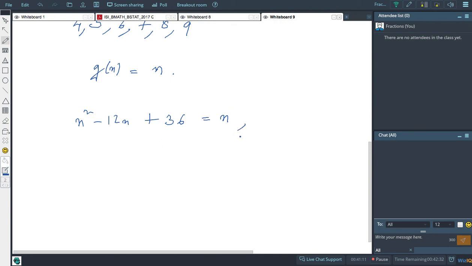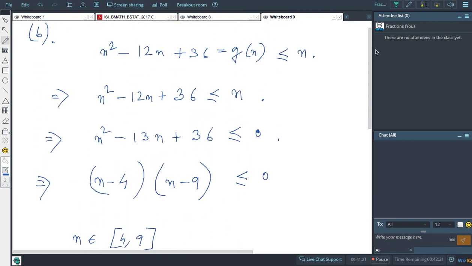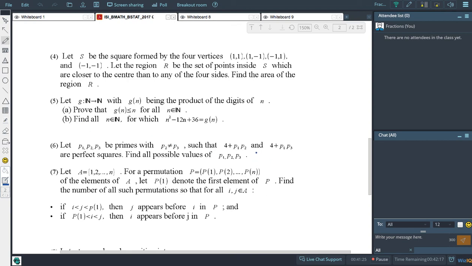And this is true for n equal to 4 and 9. And so 4 and 9 are the only n belonging to the set of natural numbers satisfying the condition in part B. So we are done with problem 5.